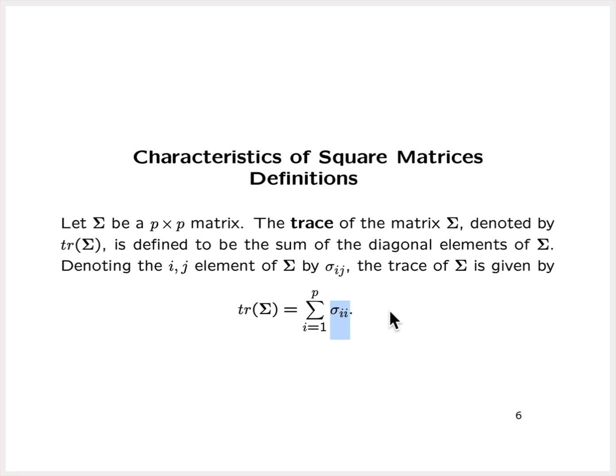In other words, sigma 1,1, sigma 2,2, sigma 3,3, and so forth, down to sigma pp. Those are the diagonal elements in that matrix, and adding them up is what gives us the trace.